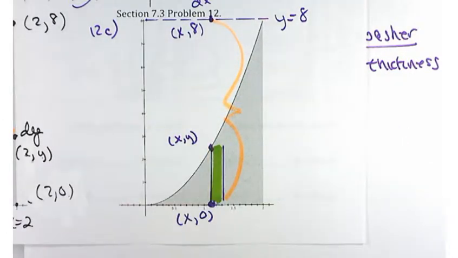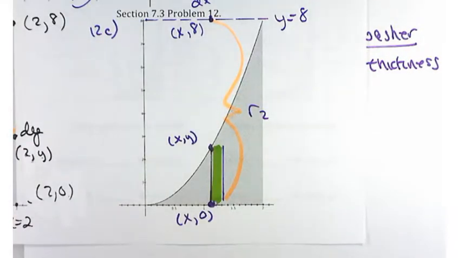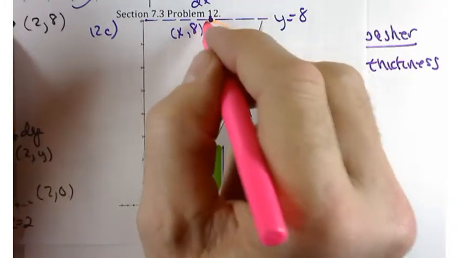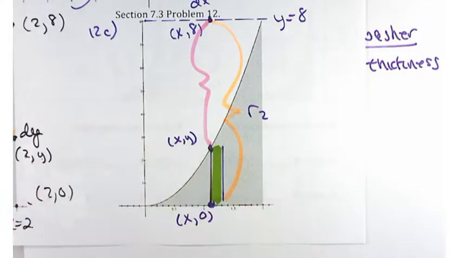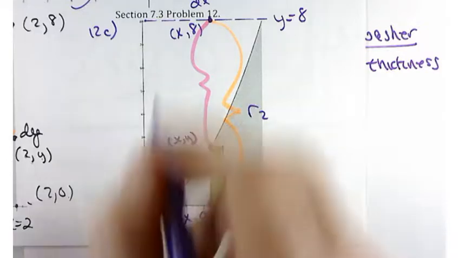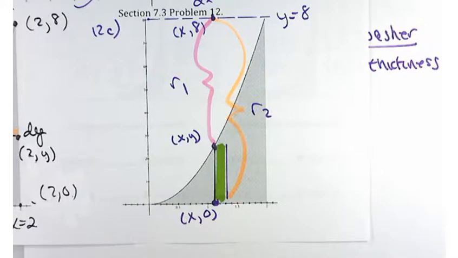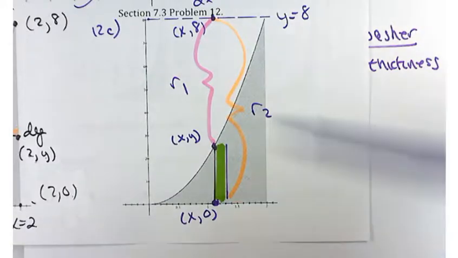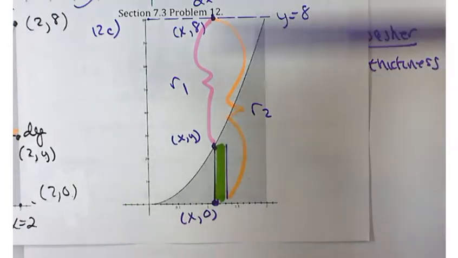So that's R2. This one right here is R1. Now I put these points on our graph here, the x y, the x 8, and the x 0, to help us find these radii.